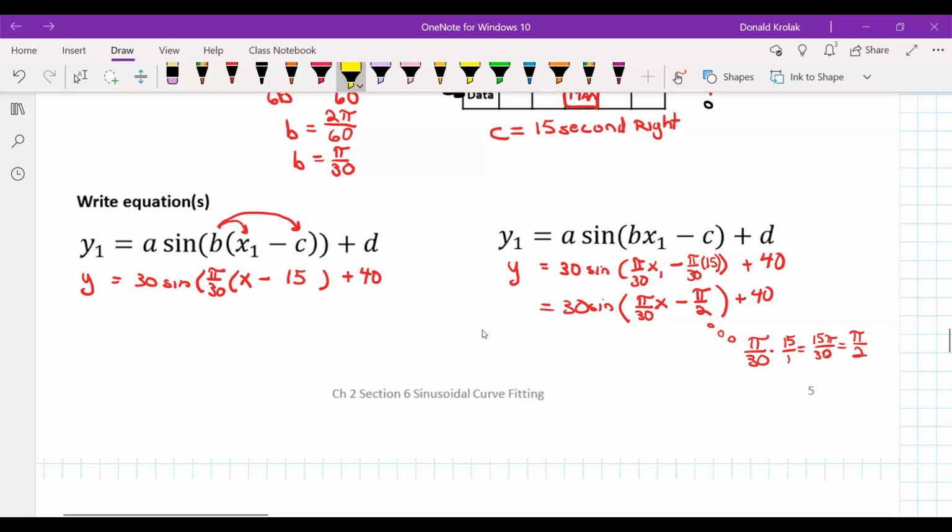So it's really important to understand that when it's written like this, the phase shift is disguised. Okay? This is not the true phase shift.